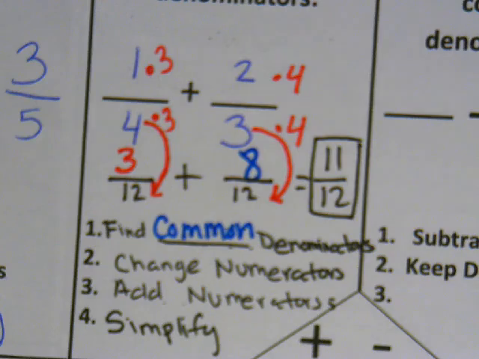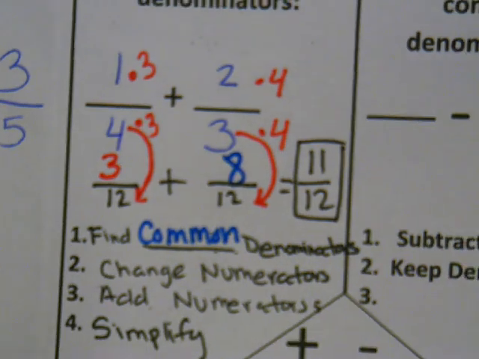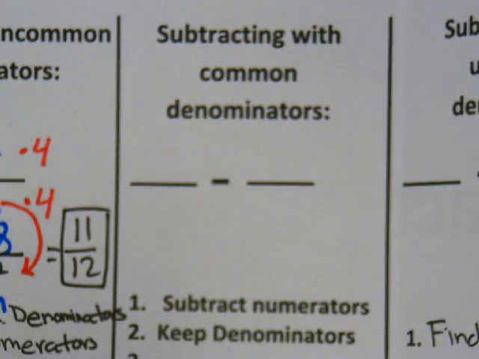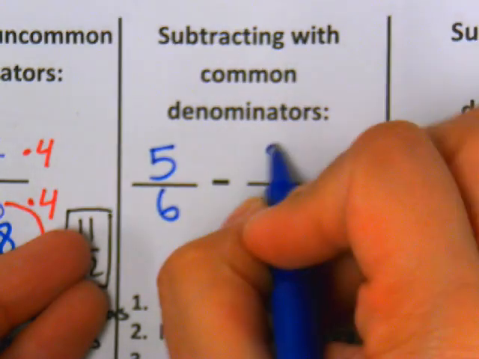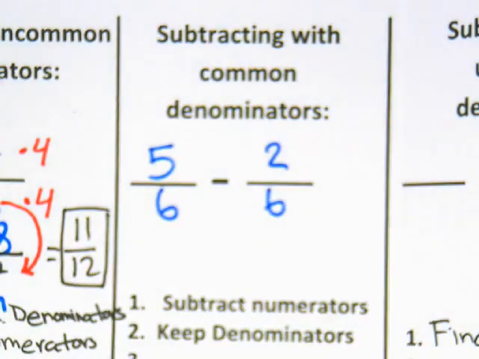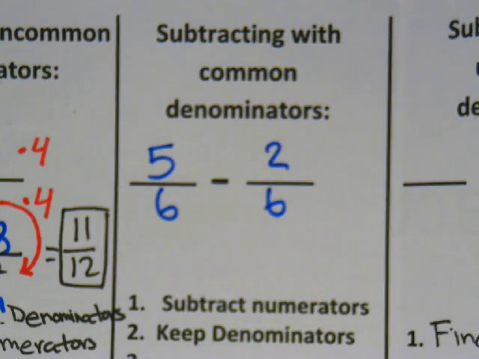All right, the next square is subtracting with common denominators. Okay, what is our answer? 3 over 6.